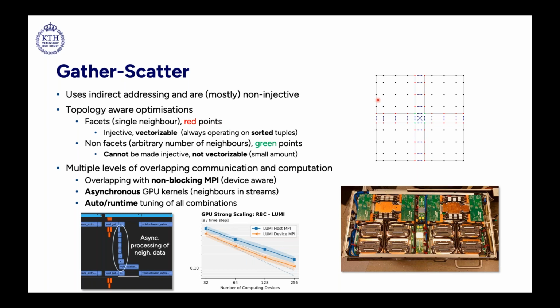Then we have some sad points, the green ones, which will be corners or edges in 3D. And they can have an arbitrary number of neighbors, since we have an unstructured mesh of these hexahedrons. So of course, these cannot be made directly injective, so we cannot vectorize them as well as the other ones. But luckily, the number of green points is much less than the red points.